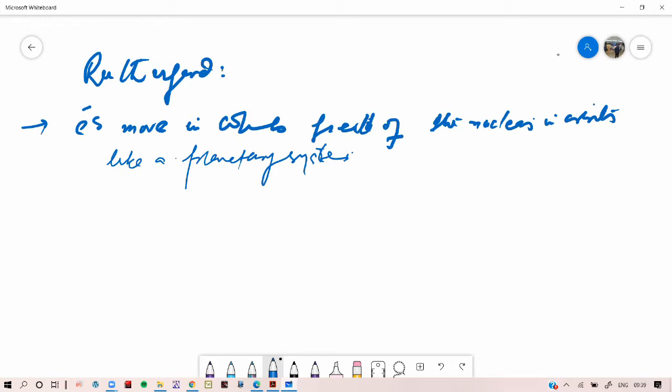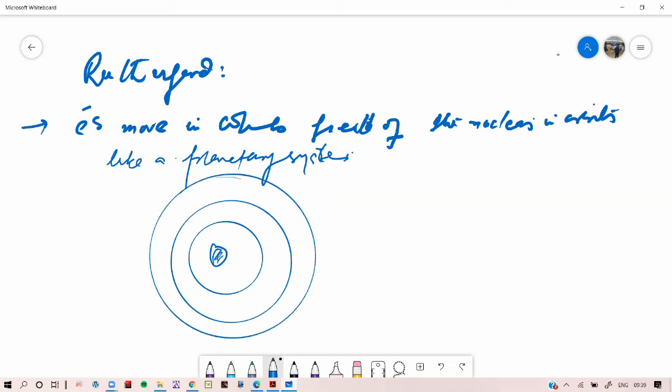a particle moving on a curved trajectory, a curved path. Here is the nucleus, and there are electrons moving in these circular orbits.